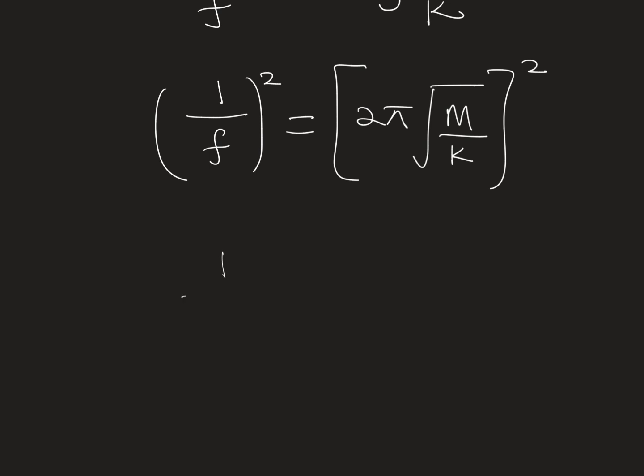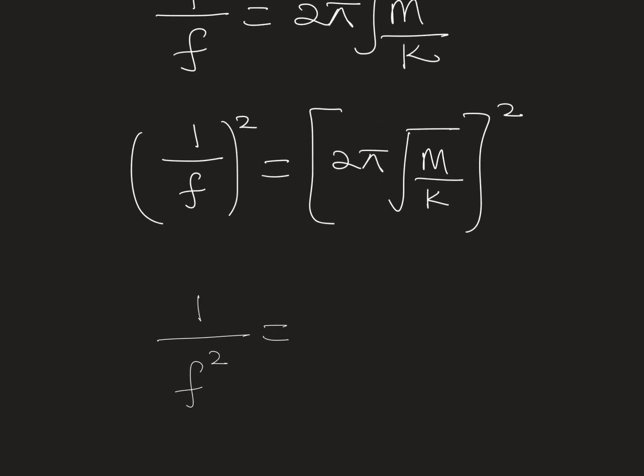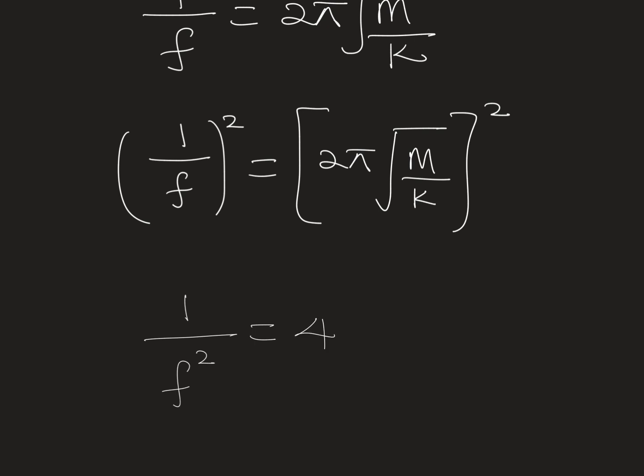So that will be 1 over F square is equal to 2 square is 4, then pi square is going to be pi square, root of M square will just be M, divided by root of K square will just be K.